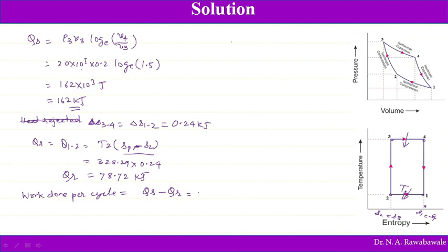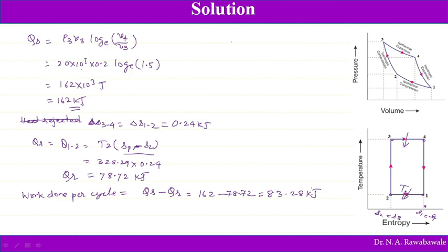So heat supplied is 162 minus 78.72 gives us 83.28 kilojoules, the amount of work done.